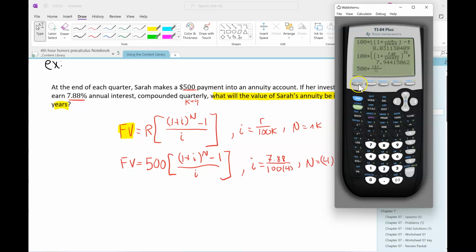So I'm going to have 1 plus, and then I'm going to use the fraction command again to type in my I. Probably should have typed in I and stored it as a variable.